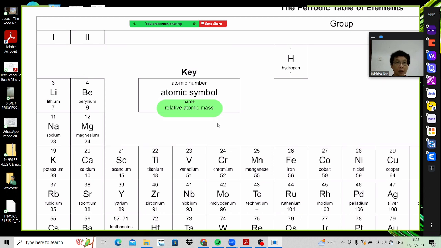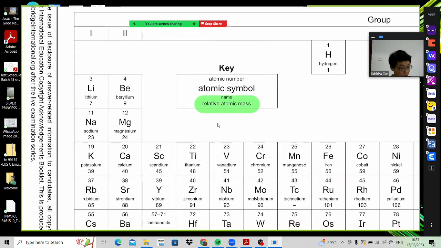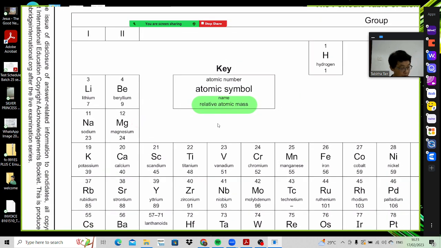The AR is stated below the atomic symbol. For magnesium, what is the AR of magnesium? 24. When we put in the gram, it becomes 24 gram, which means 1 mole of magnesium carries the mass of 24 gram.